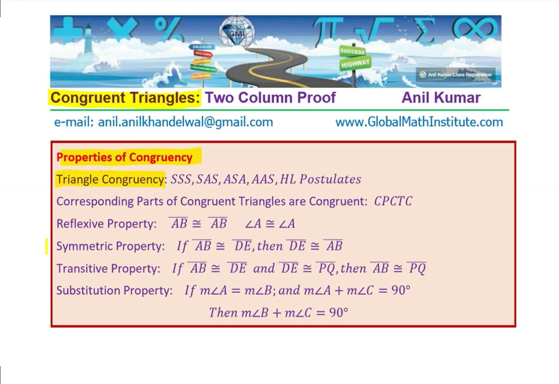So what is important to understand is, when we begin solving questions based on congruent triangles, that the triangles are congruent if we are given one of these conditions: all sides congruent, or the corresponding sides, that is SSS, or SAS, ASA, AAS, or HL. HL is the hypotenuse leg theorem.